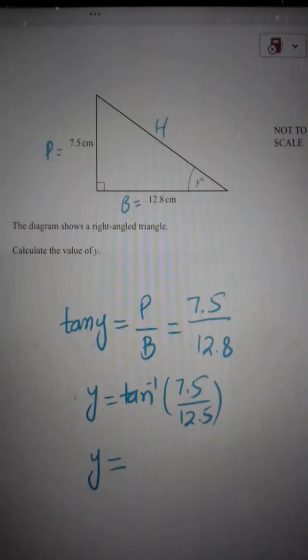So the answer is 71.56 degrees. So the value of y here, using the trigonometric ratio, is 71.56 degrees.